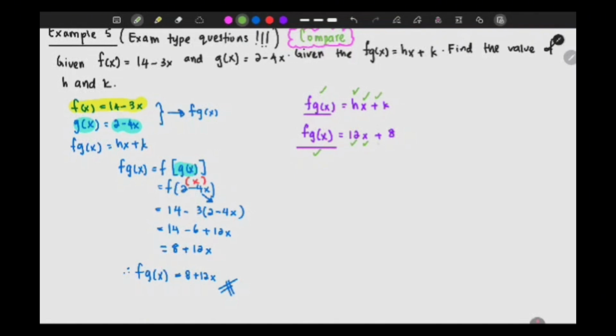Which means this same, this same. And even plus plus also same lah, correct or not? That means your h and k also should be the same, right? Isn't it? The answer should be yes, h and k should be the same also. Your h should be equal to 12 and your k should be equal to 8.